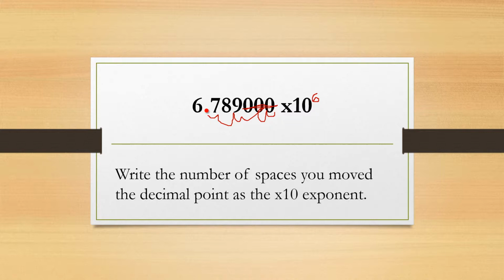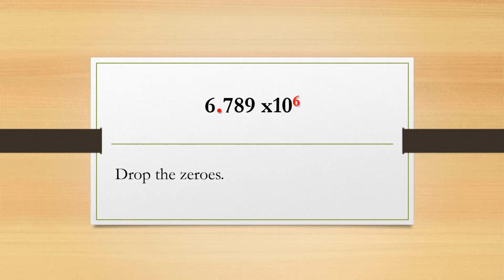Do you see what I did? Now we drop the zeros and rewrite it pretty. And here it is: 6.789 times 10 to the 6th.